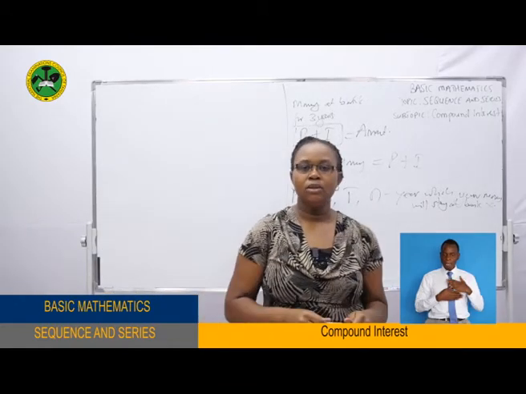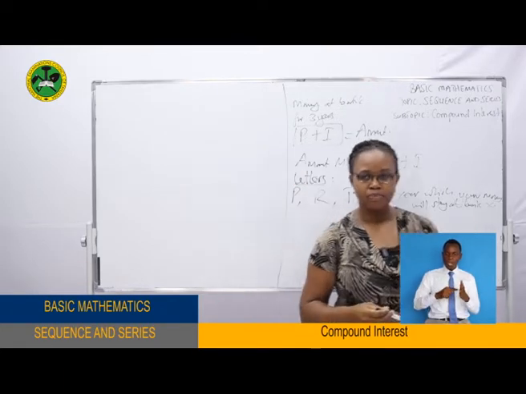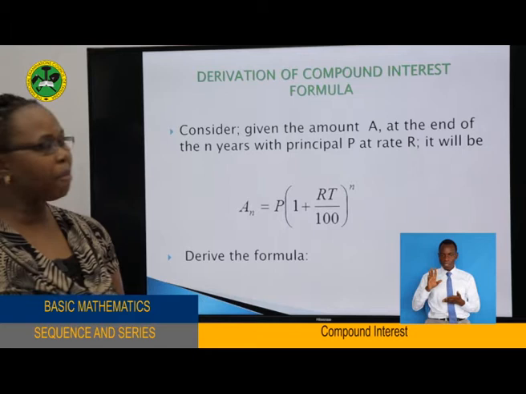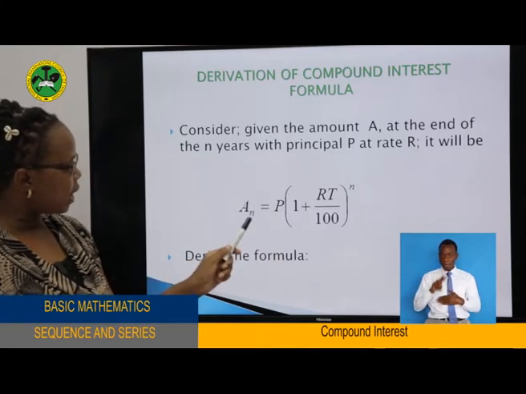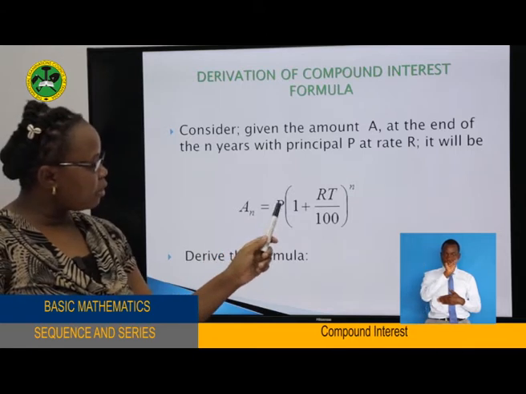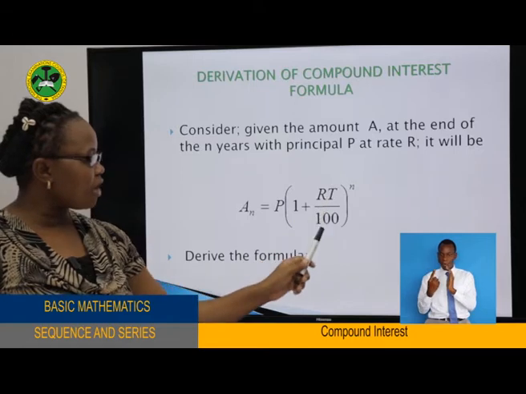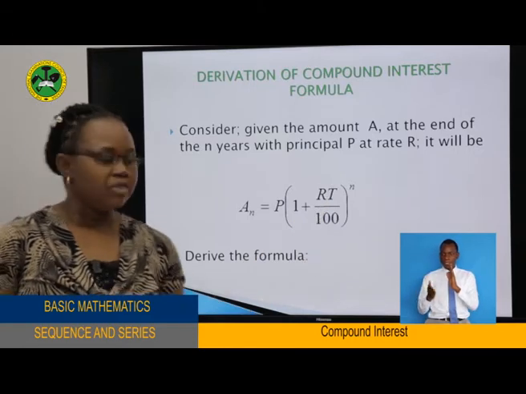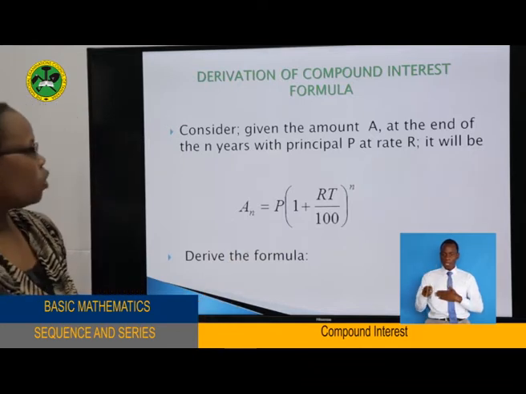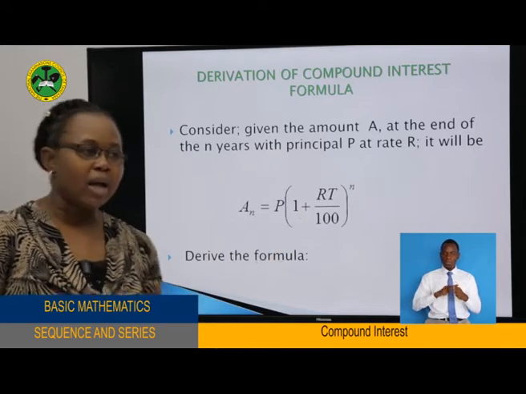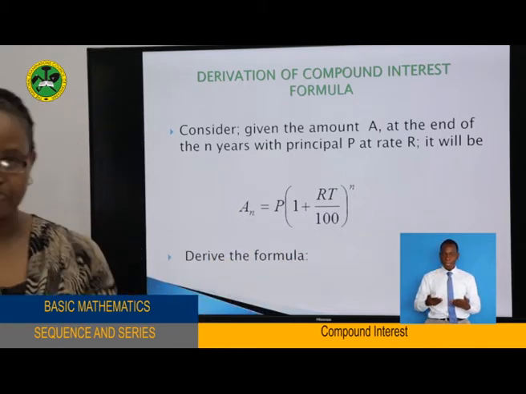The formula of compound interest, as seen here, is A_N equals P, inside the bracket 1 plus R over 100, to the power N. This is the formula used in compound interest. Now, we need to derive this formula to see how it is obtained.